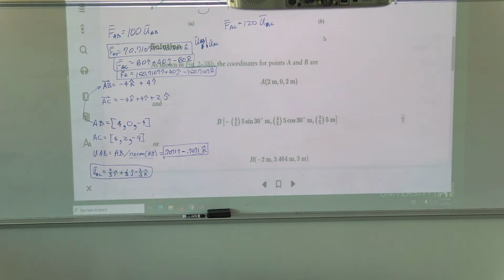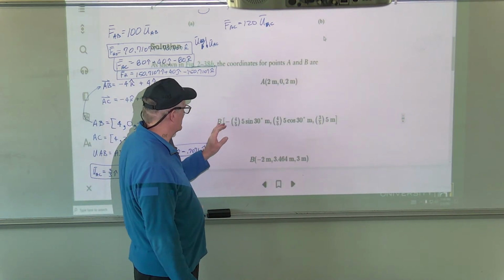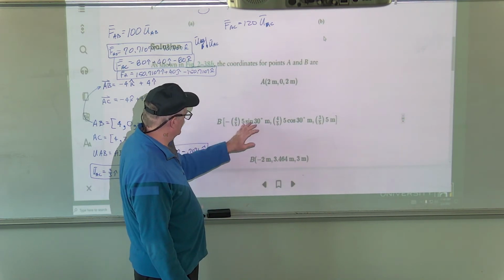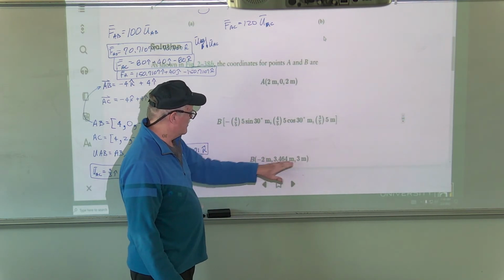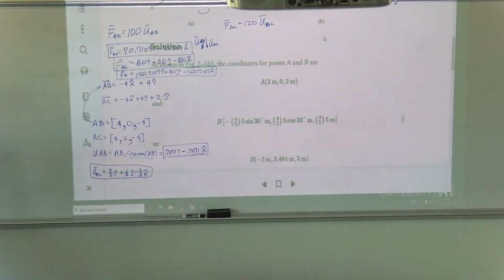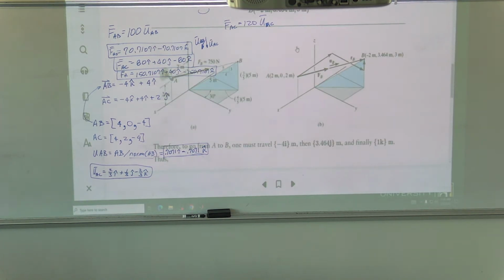Okay, so what he's done is he said, here's A, and he put the meters in there too, and then here's B with some meters stuck in there. And then he wrote those down and shrank them down to just numbers. And then you subtract the two of them. And that's the vector that goes from A to B. Well, where did he have it?